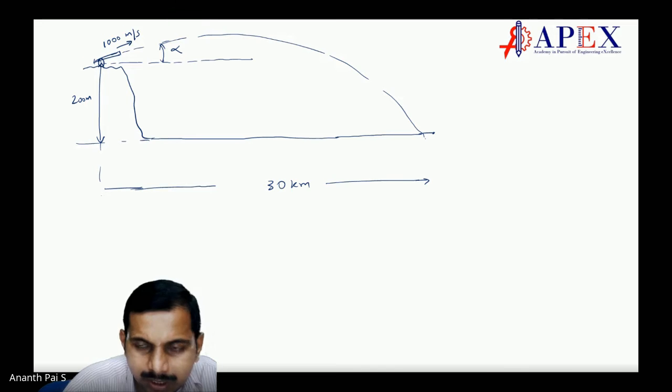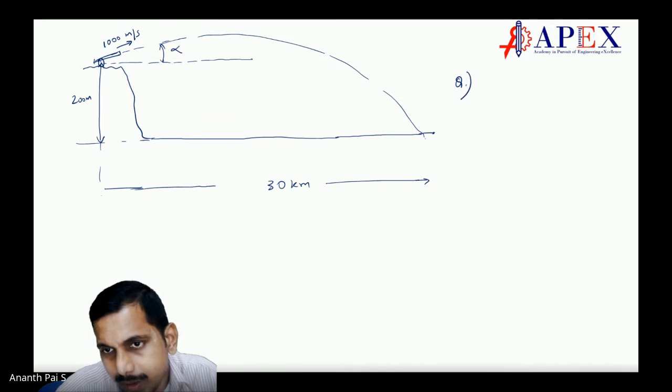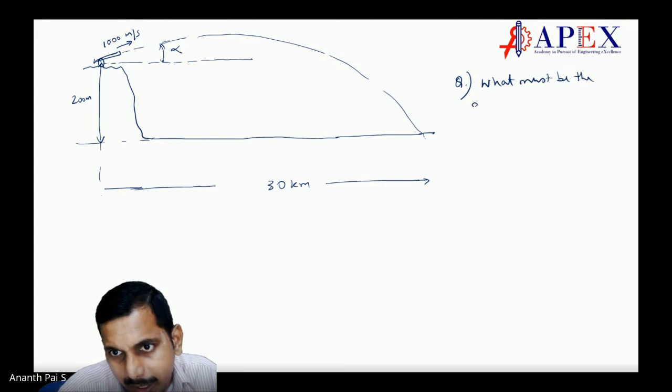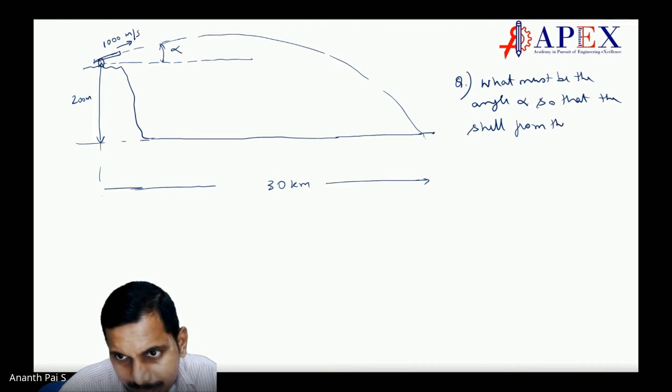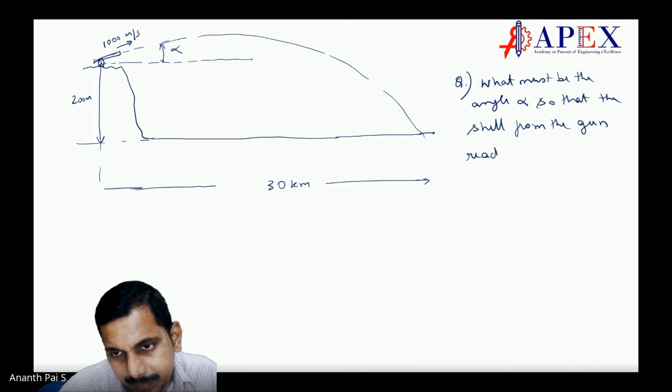The question is, what must be the angle alpha so that the shell from the gun reaches a distance of 30 kilometers.